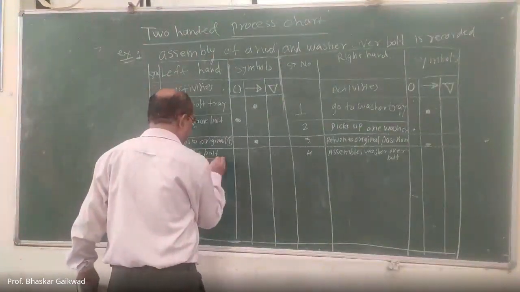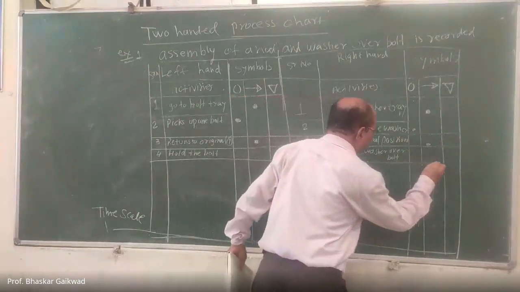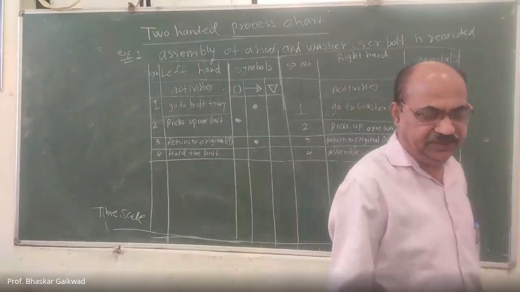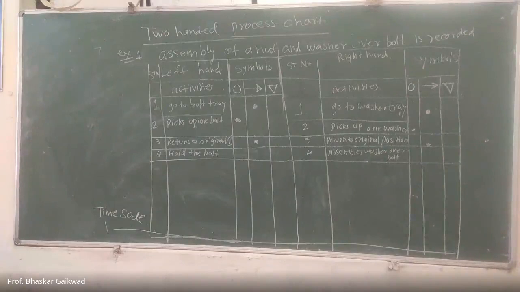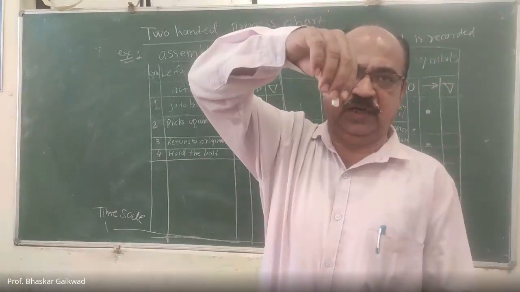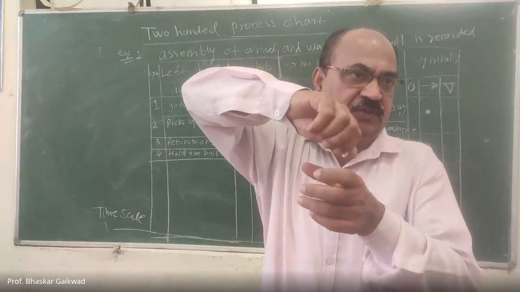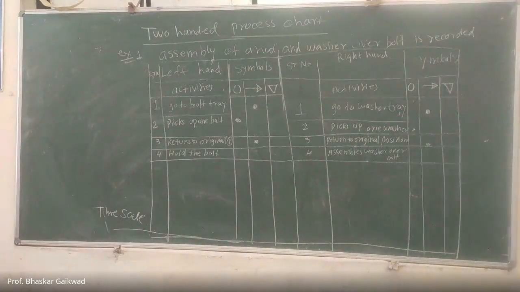Fourth activity, hold and assemble the washer over the bolt. So the bolt will be held like this and the washer put here for tightening. So this is our fourth operation.